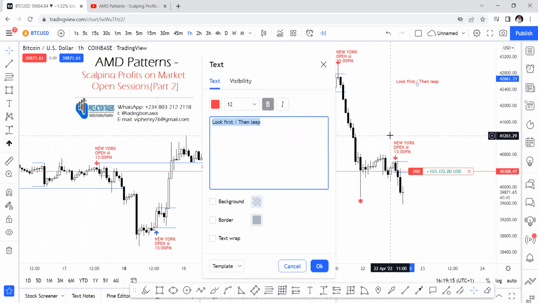I call it the power of the money tree. The money tree, a three step setup. Just three things you must do.